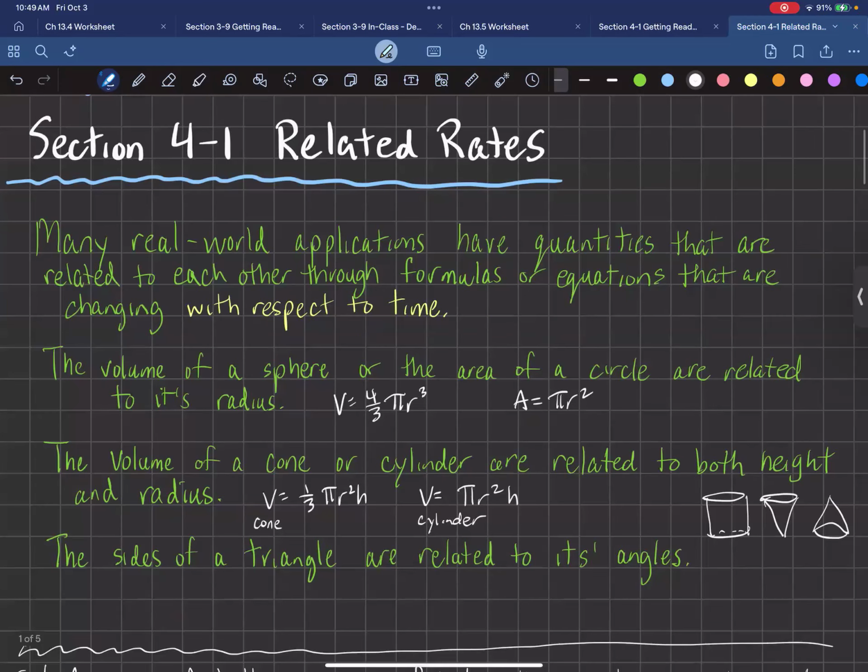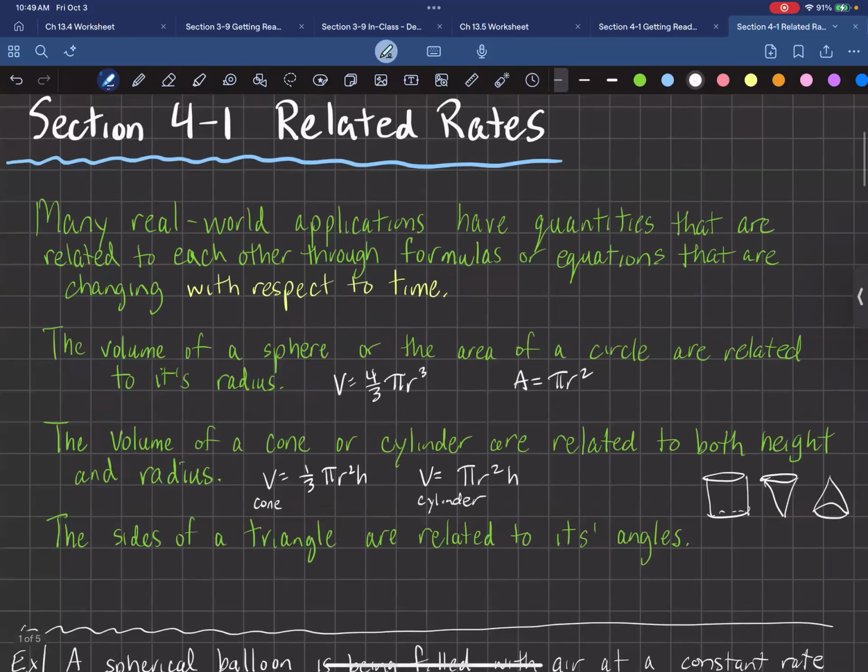The sides of a triangle are related to its angles. There's lots of things we have with triangles. We have a squared plus b squared equals c squared. I've got a triangle like this, with an angle theta there.